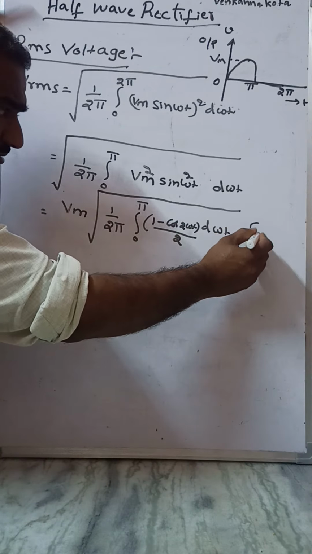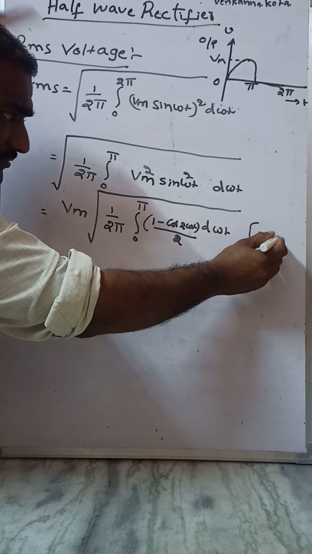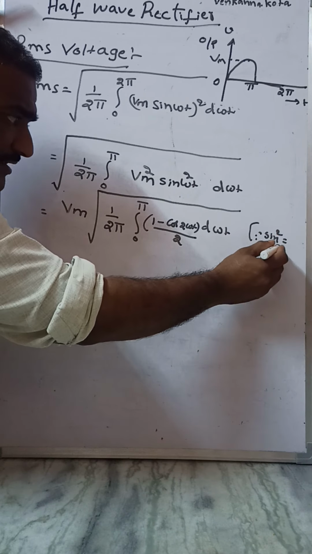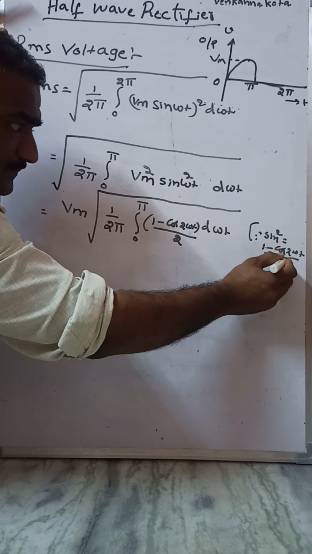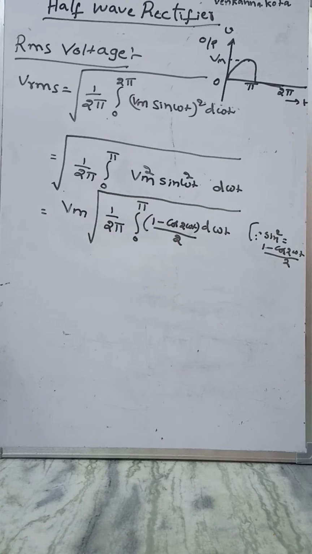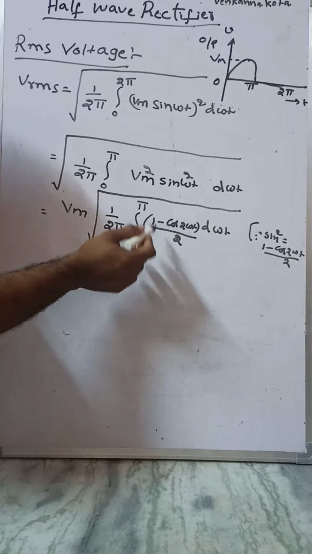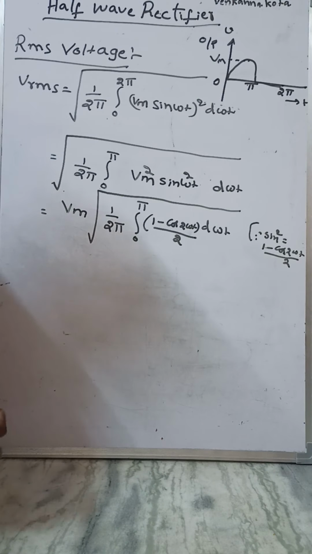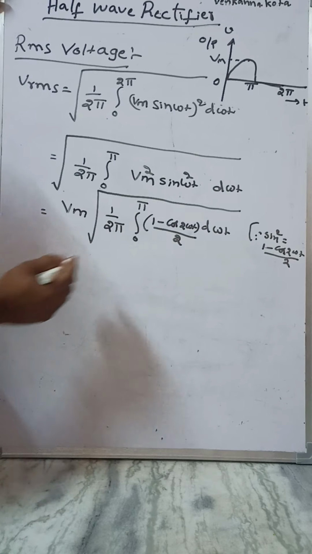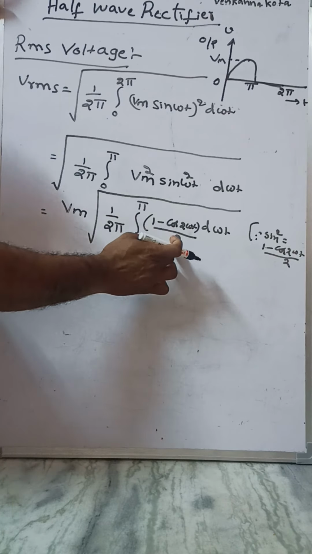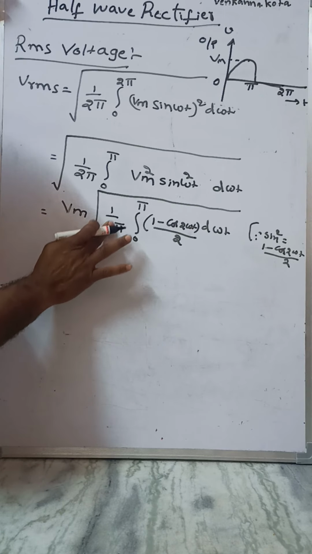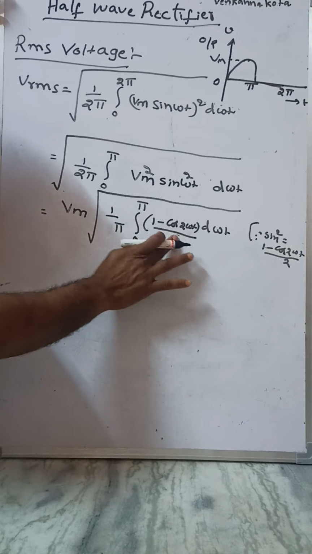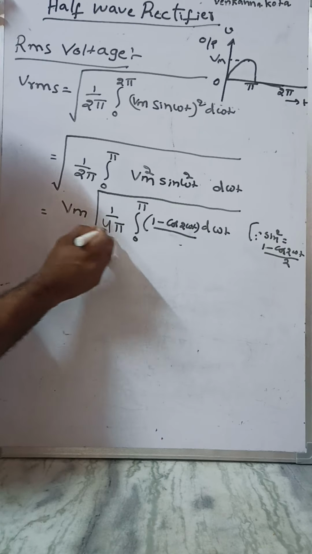Why? Because sin square omega t is equal to (1 minus cos 2 omega t) by 2. Then 1 by 2 pi, with another 2 here, 2 into 2, this value becomes 4.